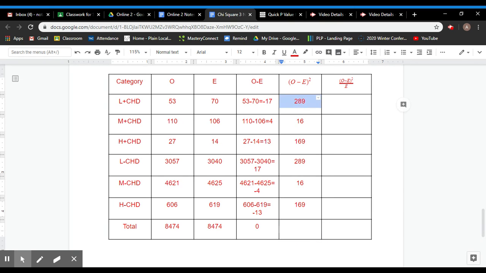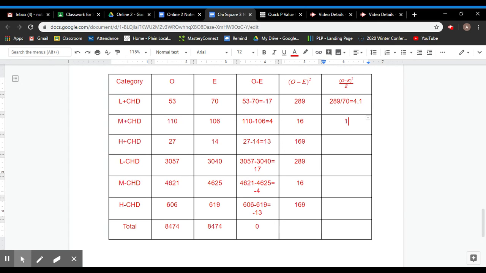Now I'm going to take whatever I got here and divide it by the expected value. So 289 divided by 70 equals 4.1.